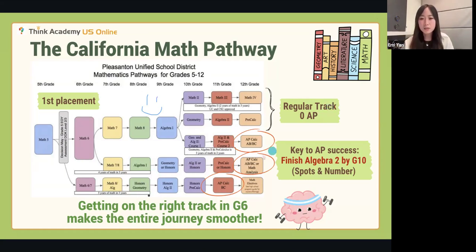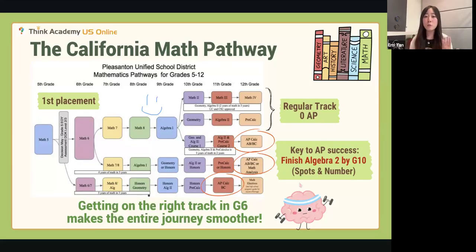So let's take a look. If you are 1 year ahead or 2 years ahead, you're gonna have some AP courses. The key to AP success is you're gonna need to finish your Algebra 2 by the end of grade 10. After you do that, you will be able to secure some spots, because AP STEM courses are going to be very competitive when you are selecting the course, right?